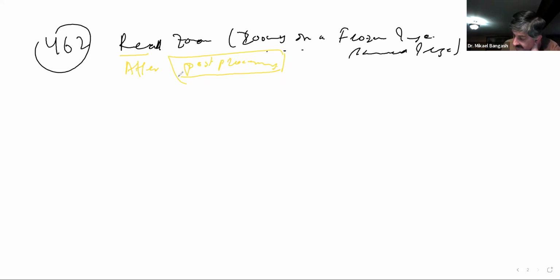Question 464.3. Now, which of the following are true about write zoom, except. Now, write zoom is a pre-processing. That's an example of pre-processing of the receiver. Clear? Okay. No, sorry.